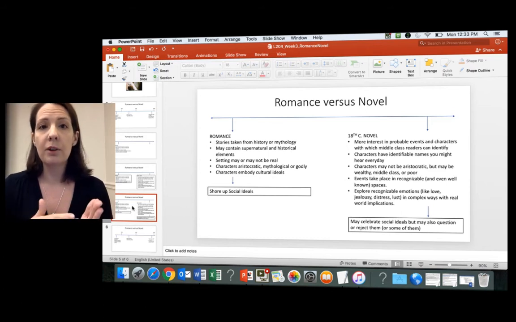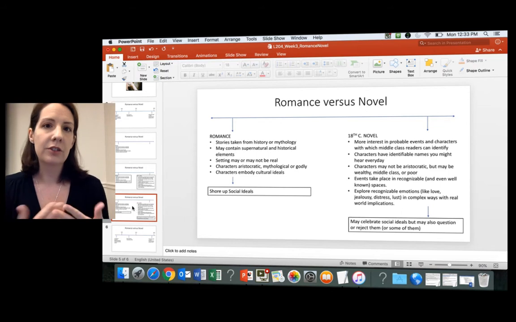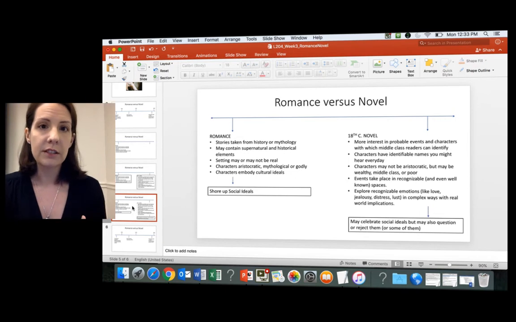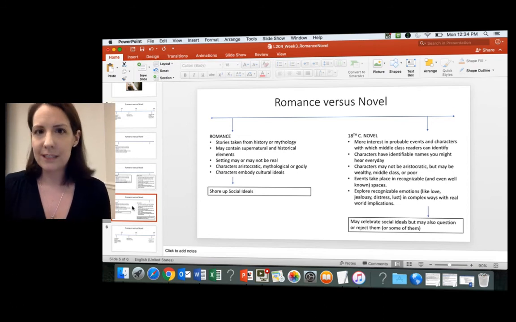So they're shoring up class ideals as well by representing aristocrats as not just the pinnacle of social and political functionings, but also as the embodiment of social ideals.